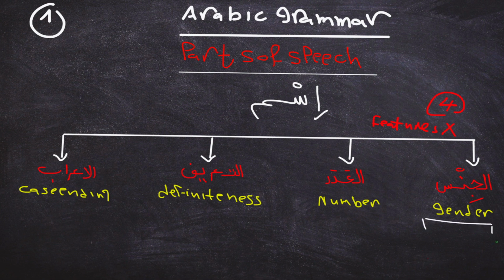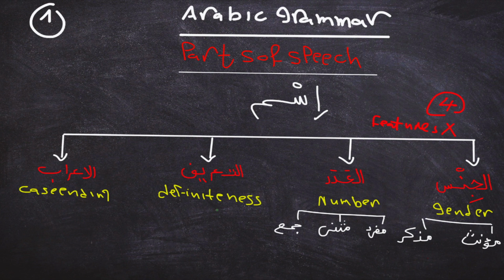Gender. Arabic has just 2 types of genders, مؤنث, feminine, and مذكر, masculine. العدد, there are 3 types of numbers in Arabic: مفرد, singular, جمع, plural, and مثنى, which is dual, 2.